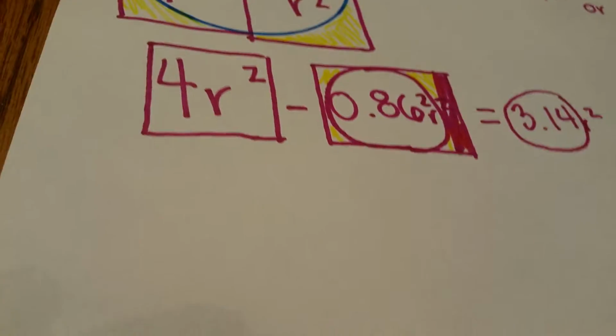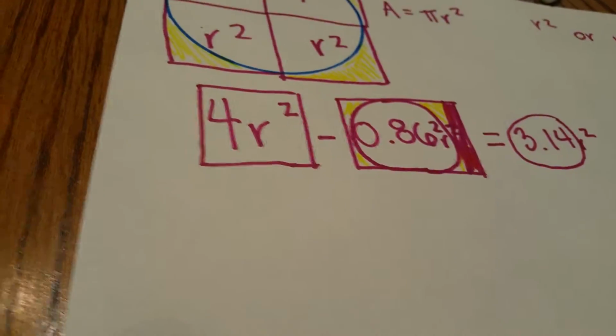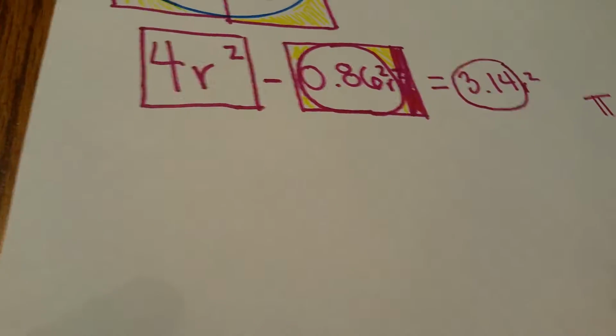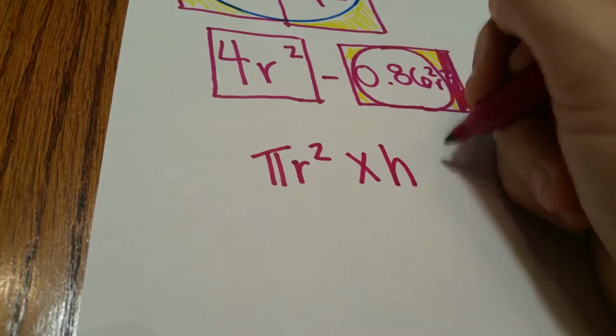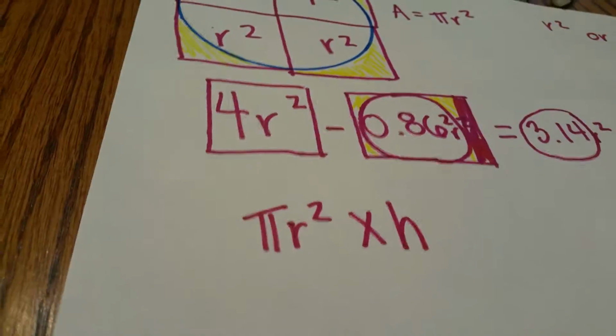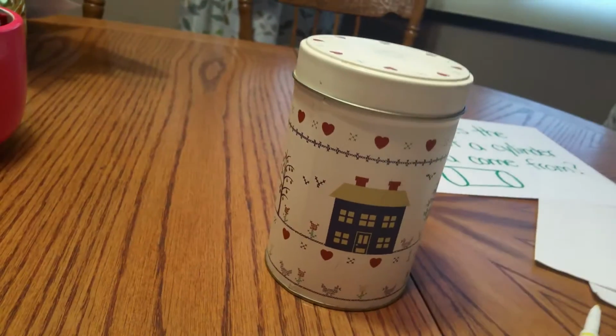So next, we need to figure out the volume of a cylinder, right? So this is the formula for volume of a cylinder. It's pi r squared times the height, which our height of this cylinder right here we can use. So let's measure the height of this cylinder.